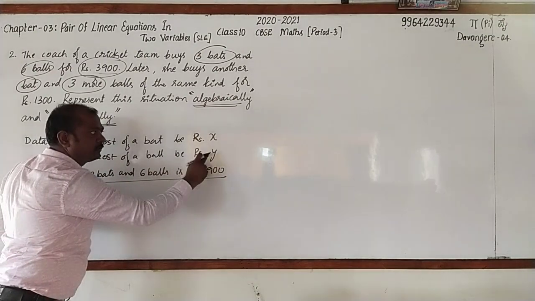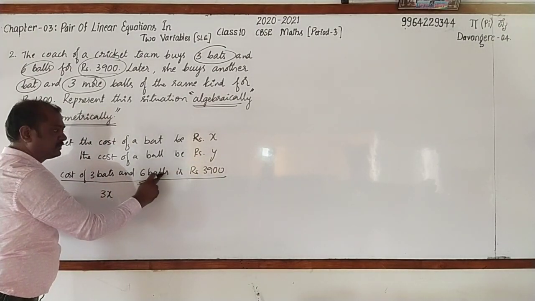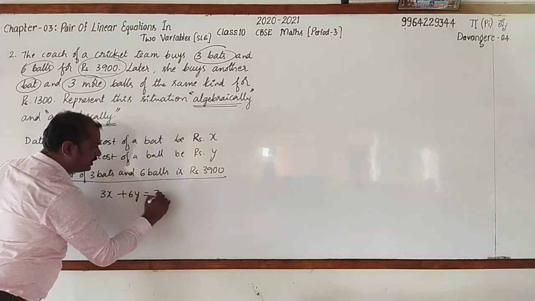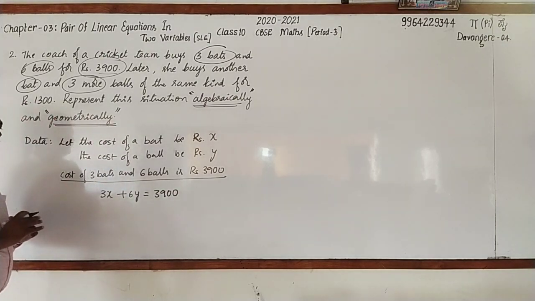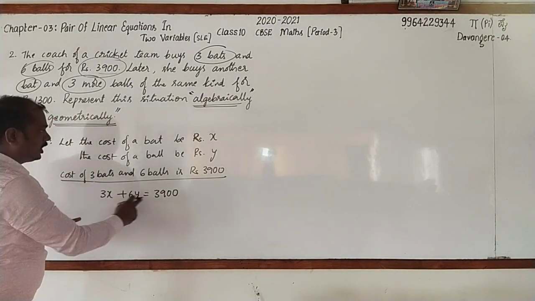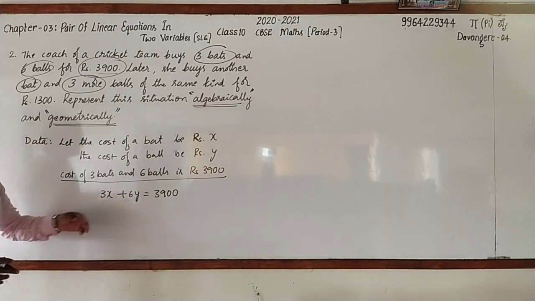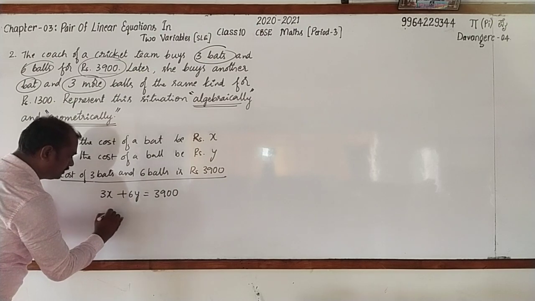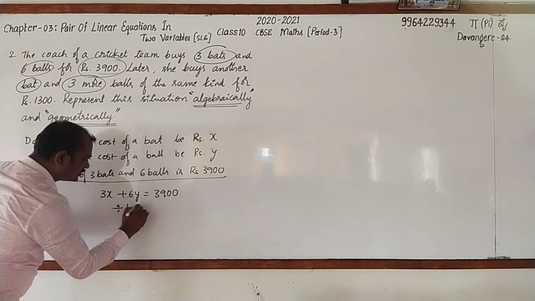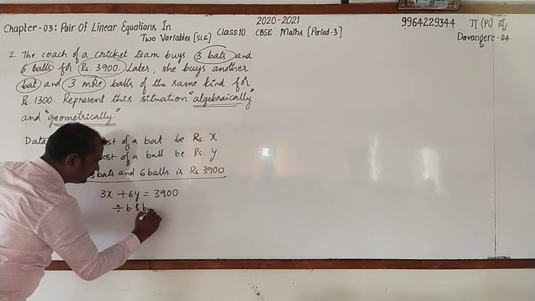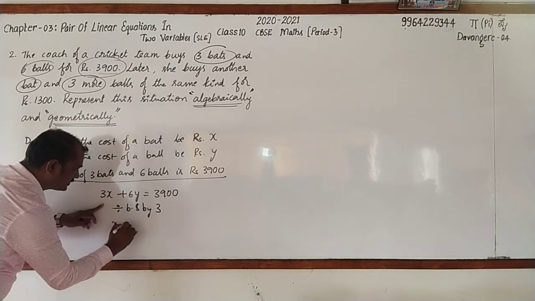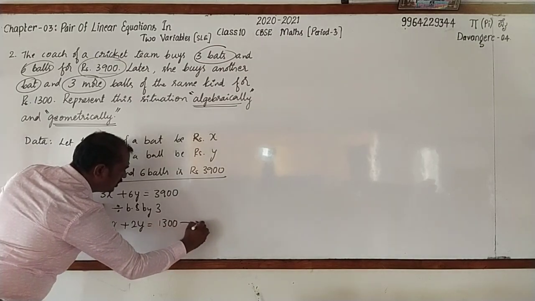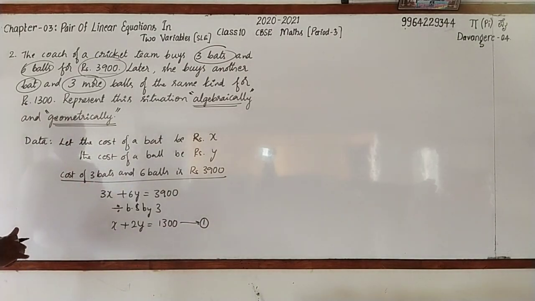Cost of a ball is rupees y, cost of 6 balls is 6y. Altogether, it is 3,900. Now observe, all these are multiples of 3. Hence, you can divide both sides by 3. Then it becomes x plus 2y equals 1,300. You may call this equation 1.